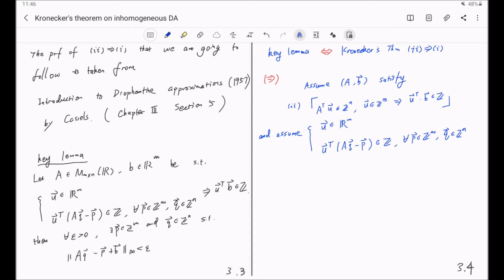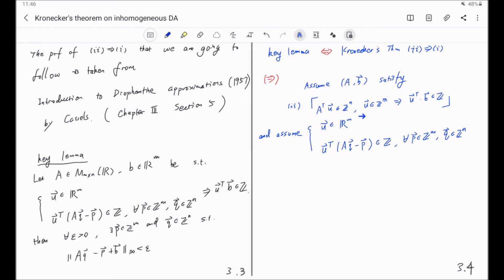That is the logical relation in this proof. There's nothing tricky to prove this equivalence, as long as you figure out the logical relations of those hypotheses.